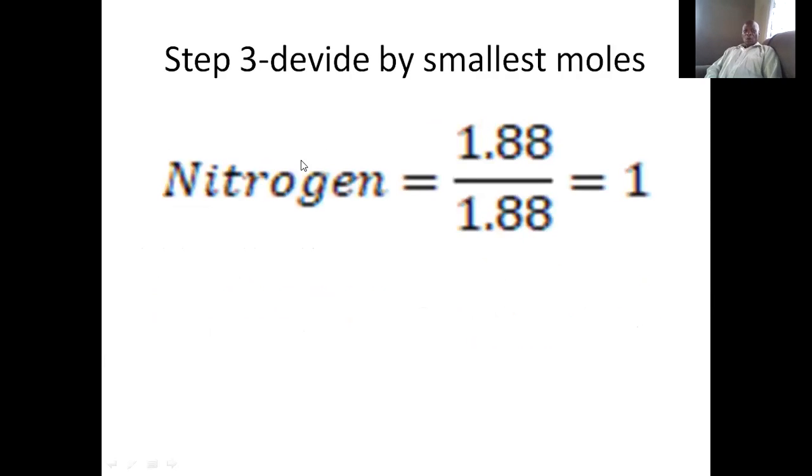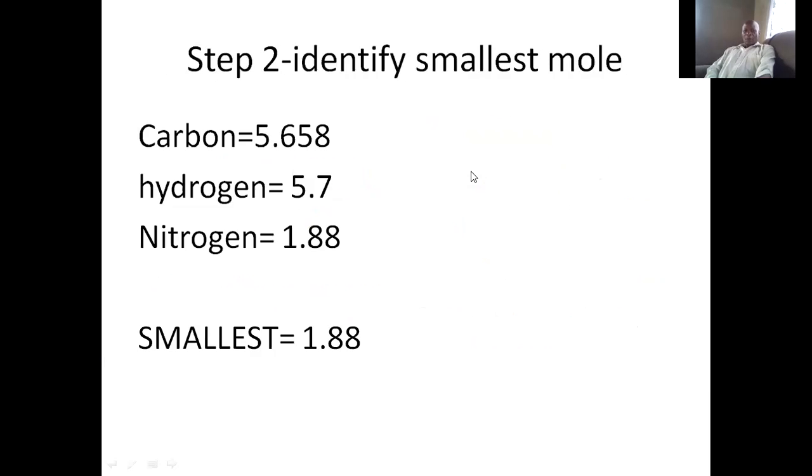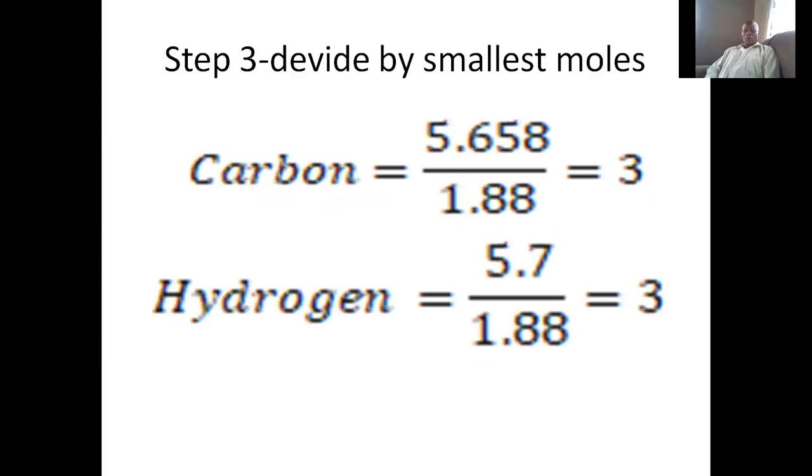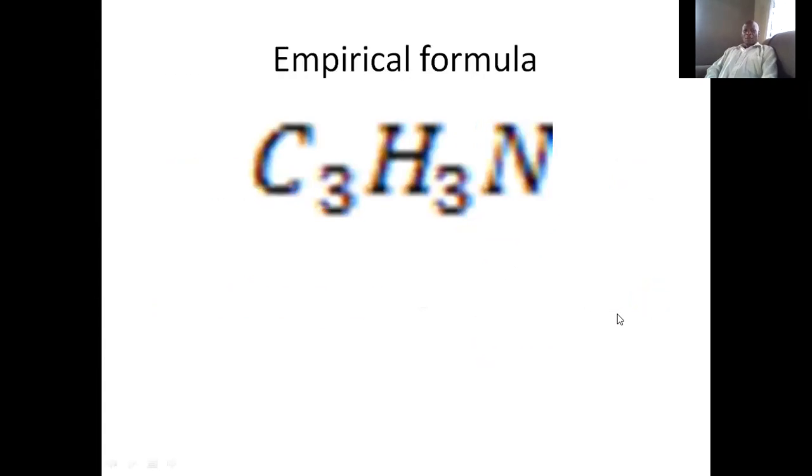And for nitrogen, we found 1.88, so we divide by 1.88, which gives us 1. So this is the mole ratio: carbon 3 atoms, hydrogen 3 atoms, and nitrogen 1 atom. And so our empirical formula would be C3H3N. When there is 1, we don't even include the 1 there.